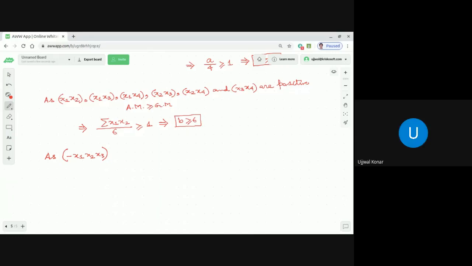So their product has to be negative, but minus x1x2x3 has to be positive. So all of these are positive.